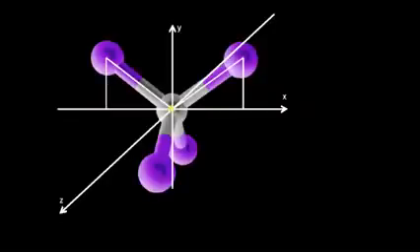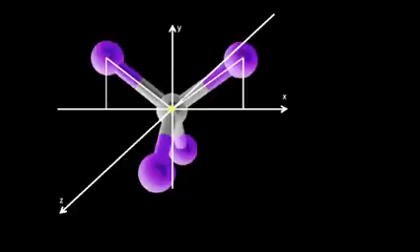And we can choose any 4 points to represent the 4 hydrogen atoms of our tetrahedron if we satisfy two conditions. Each point that we choose for our hydrogens is equidistant from the other 3 points, and also each point that we choose for our hydrogens is equidistant from the central carbon atom itself. And if you fulfill those two criteria, you guarantee that the points that you choose form a tetrahedron.